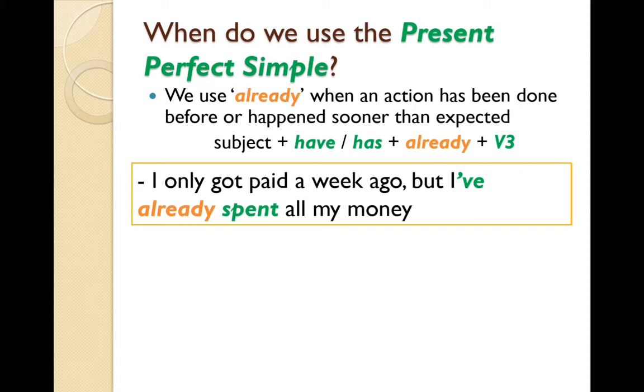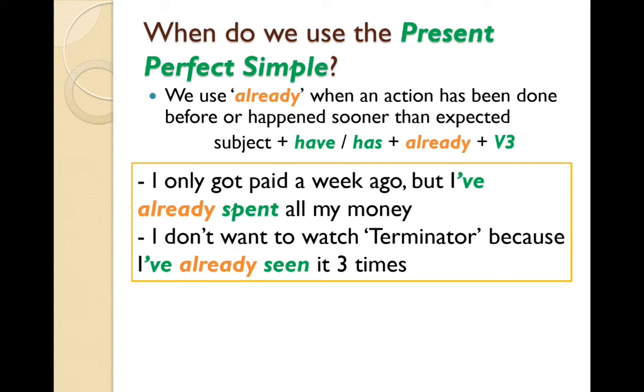In this case, the action happened sooner than we expected. I don't want to watch Terminator because I've already seen it 3 times. In this case, the action has been done before 3 times, and so we don't want to do it again.